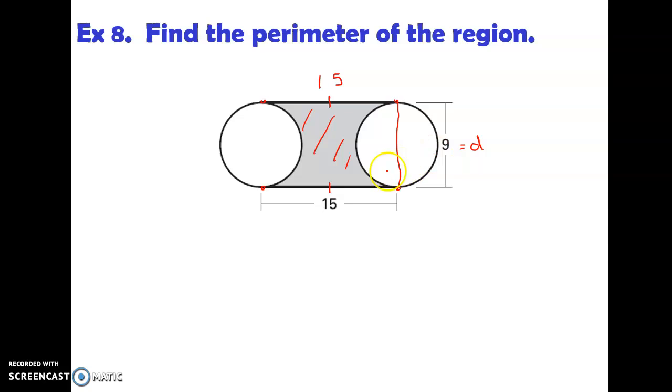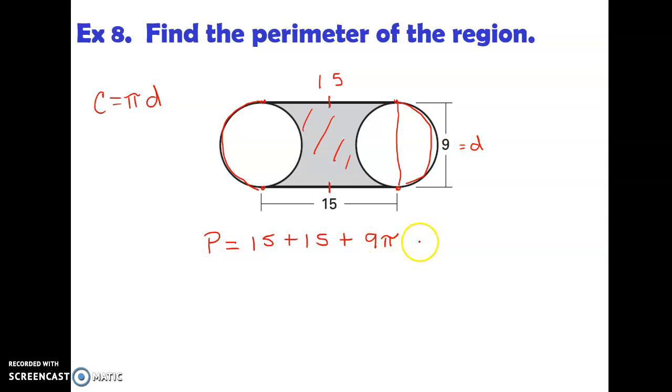I know circumference equals pi times diameter. Now when I think about this, this is going to be half of the circle, and this is going to be the other half of the circle. So I really do need a whole circumference. So my perimeter would equal my 15 plus my 15 plus my pi times diameter, which is 9 pi.